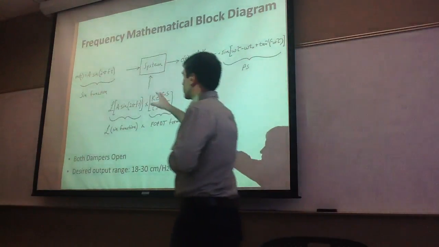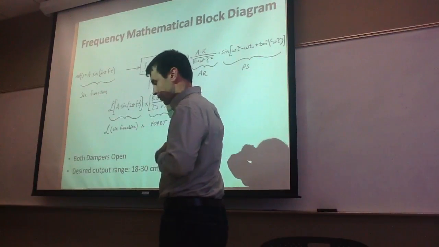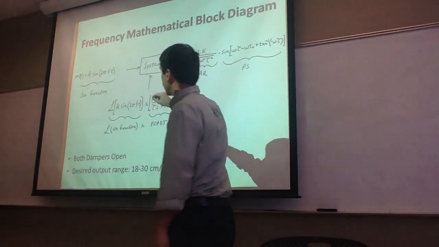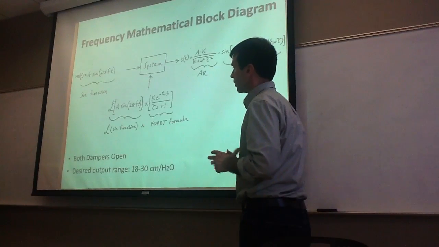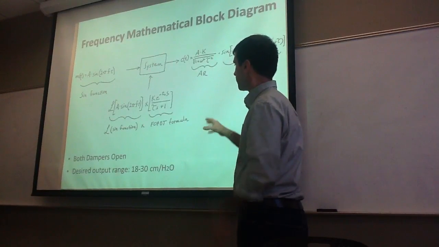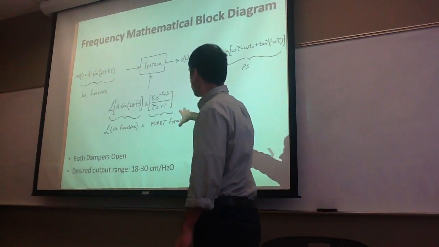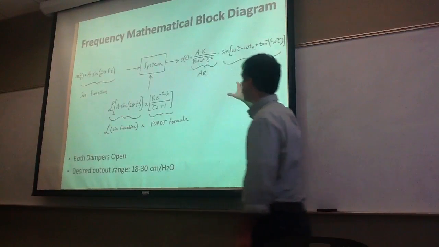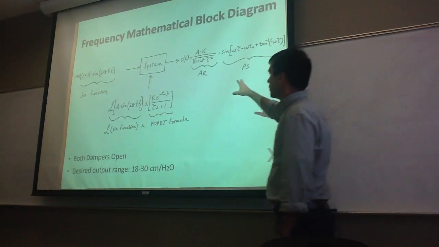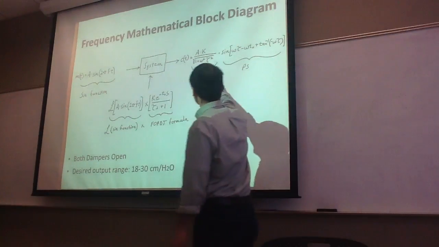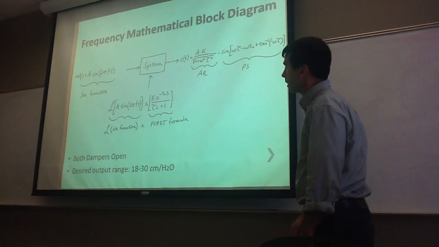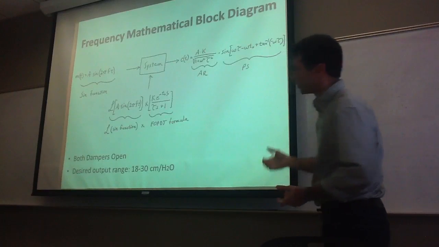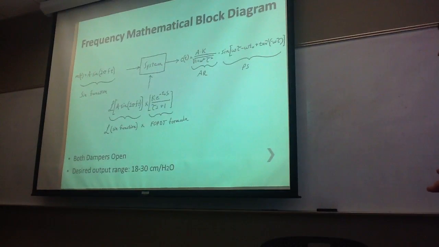Into the system is a percent as a sine function, and then in the system, the Laplace of the sine function is multiplied by the FOPDT formula, and then the output gives us the amplitude ratio times the phase angle. Okay? And then, of course, again, with both dampers open, and the output range is 18 to 30 centimeters of water.